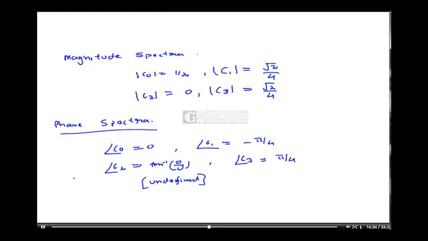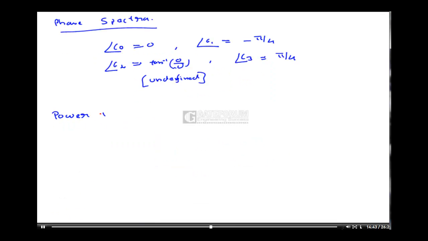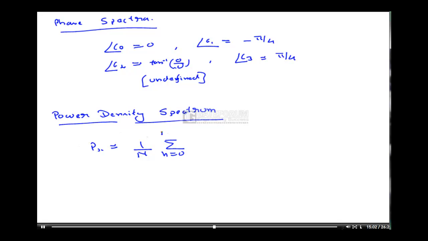Now since they are discrete time and periodic signals, definitely they possess a power density spectrum. Okay, power density spectrum Px can be written as 1 by N summation n tending to 0 to N minus 1 x of n whole square.